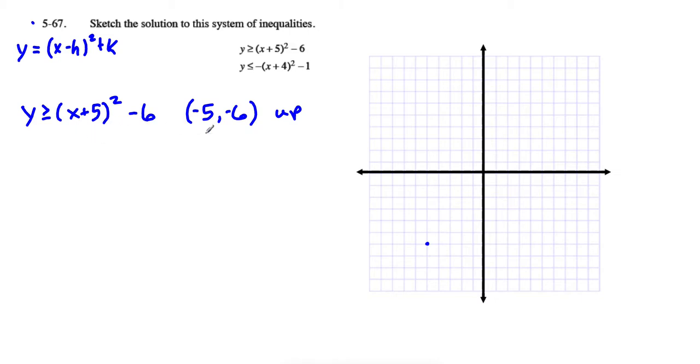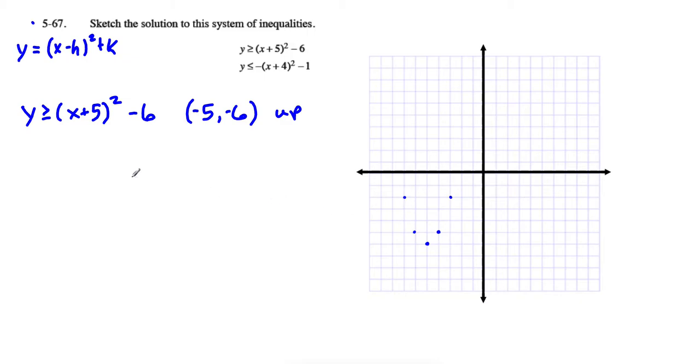There's our locator point. Now this one has that standard growth pattern. You can either plug in values if you need to, or if you understand that if I go to the right 1, I'm going to go up 1. If I go to the left 1, I'm going to go up 1. If I go 2, I'm going to go up 4. Left 2, up 4.